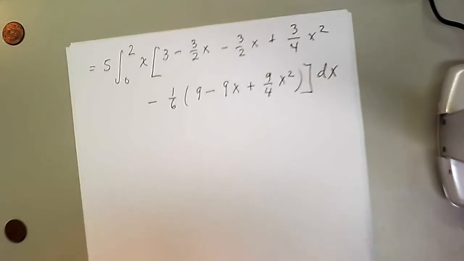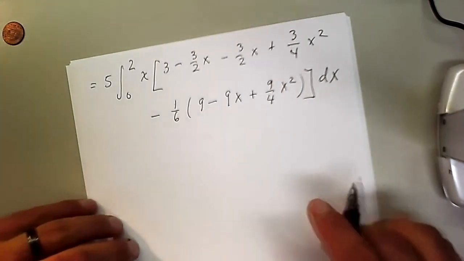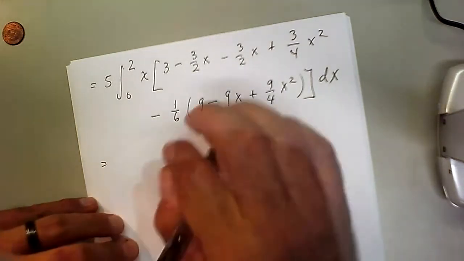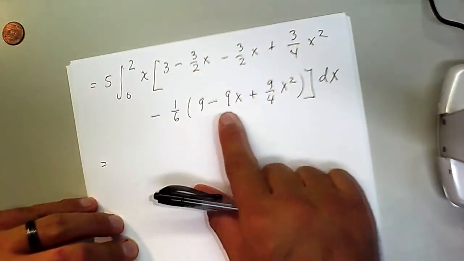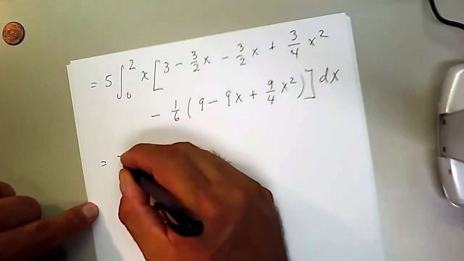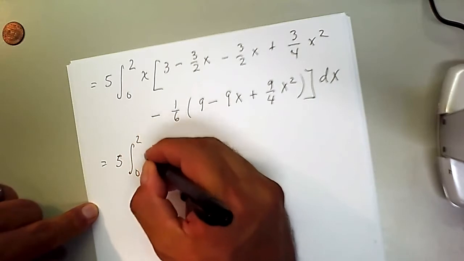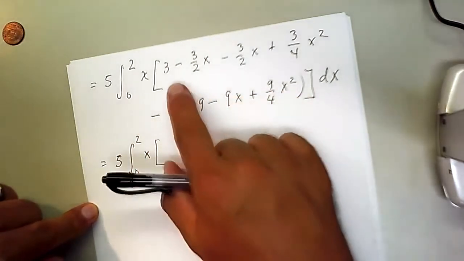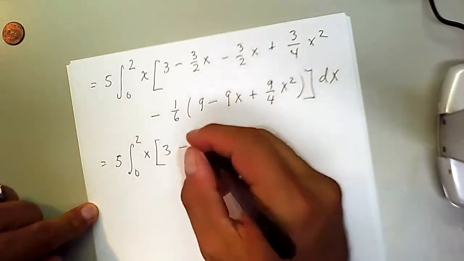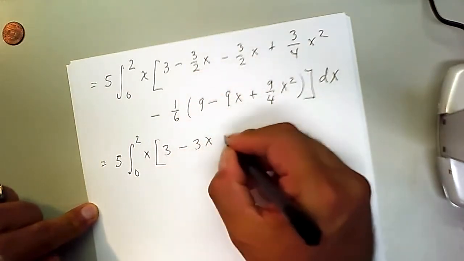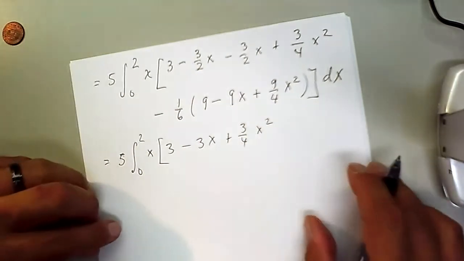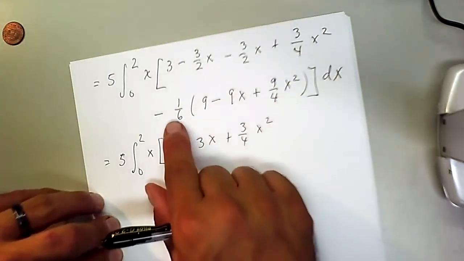So equals, I wanted to factor out the 3, but I can't because we should simplify this first. 5 integral from 0 to 2 x bracket 3 minus, well, those two together make a 3x plus 3 over 4 x squared. And now let's simplify this or multiply out.